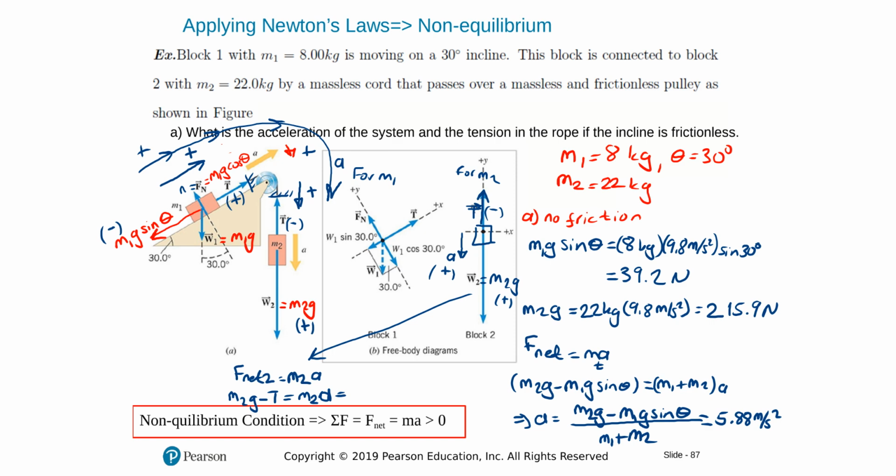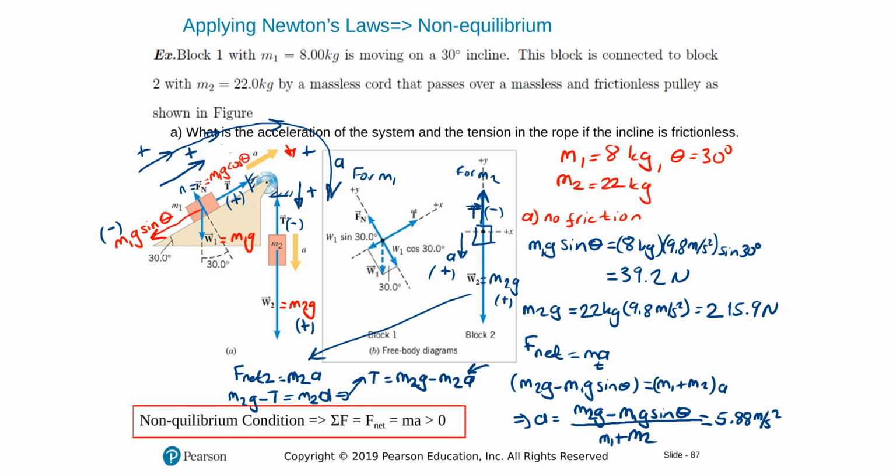What do I do? I simply switch here. Normally I take T to the other side, it goes as positive, and M2A to the other side, it goes as negative. So tension is equal to M2G minus M2A.